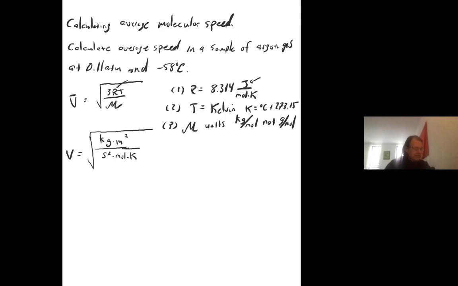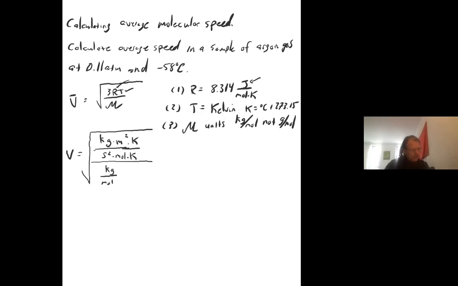But then we also have T units, right? 3 doesn't have a unit, so don't worry about the 3. Units of temperature are going to be in Kelvin, so I'm just going to put Kelvin here too, up in the numerator. So there's your RT. But then in the denominator, we have molar mass, so we have a compound fraction here, right? What are the units of molar mass? Well, as I said, you want to have them in kilograms per mole.